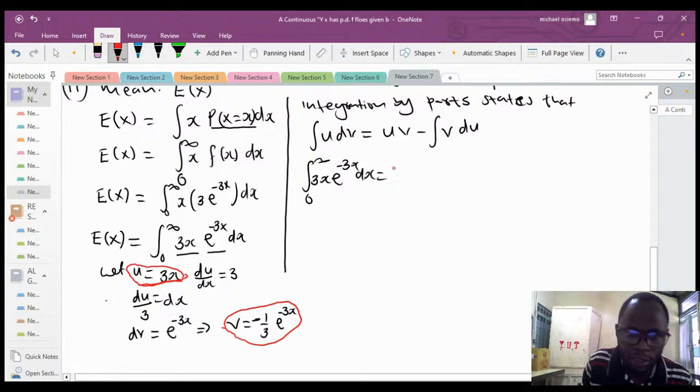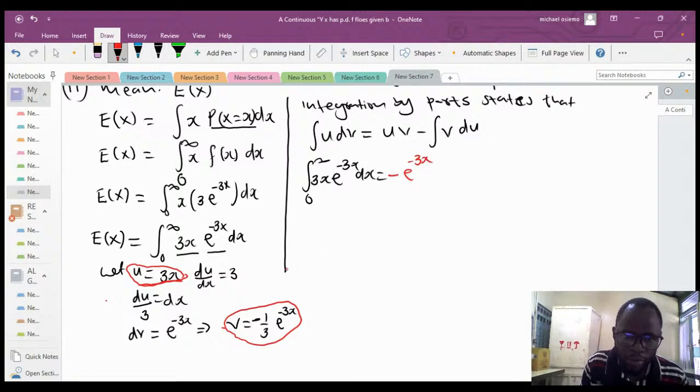So we substitute here uv, so it would be negative exponential negative 3x. Why? Because if I take this 3 for u and negative 1 over 3 for the exponential, I will get negative 1. So that's why I've remained with the negative here. And this function is running from 0 to infinity. Then minus the integral of v du.